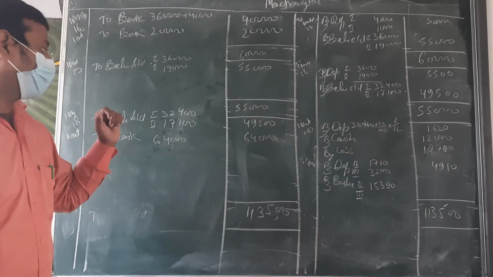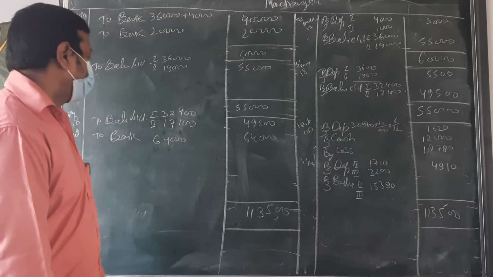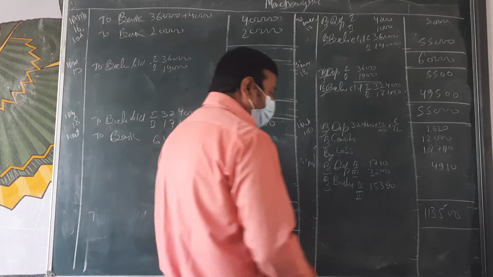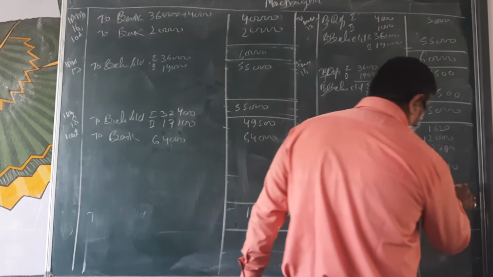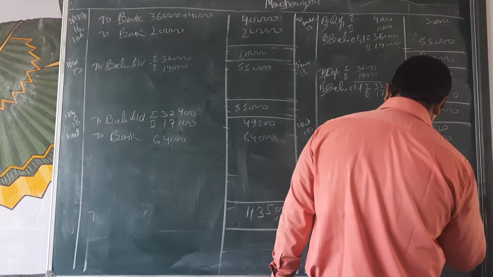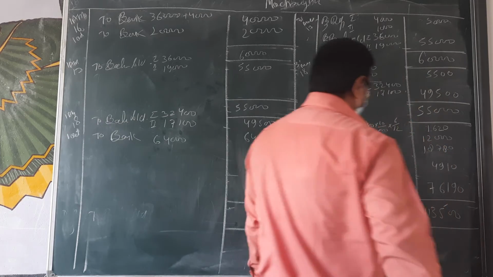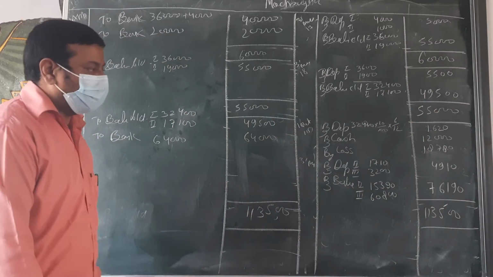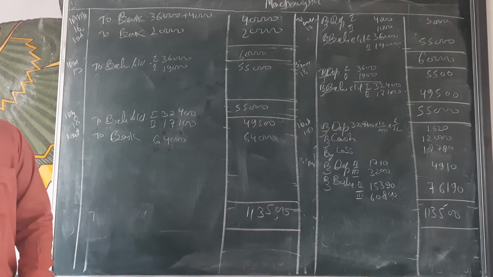Then 64,000 less 3,200, that is 60,800. Now the difference is 76,190.